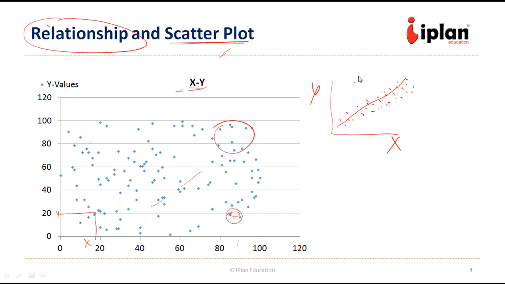There might be some outliers somewhere here and somewhere here, which could be ignored because most of the points are lying around this line. So it indicates a positive relationship. Similarly, there could be even a negative relationship. Then we again see systematic plots around a particular line for x and y. So this is how we get an idea about the relationship between two variables using a scatter plot.